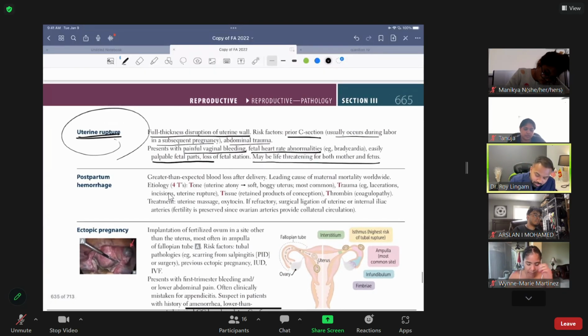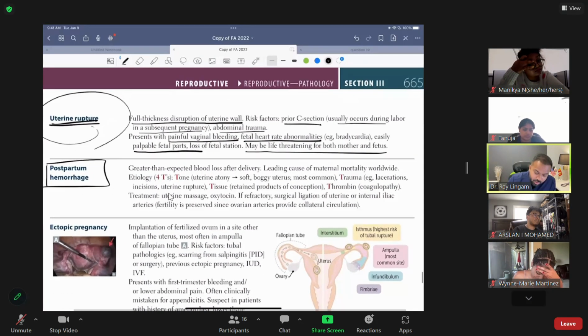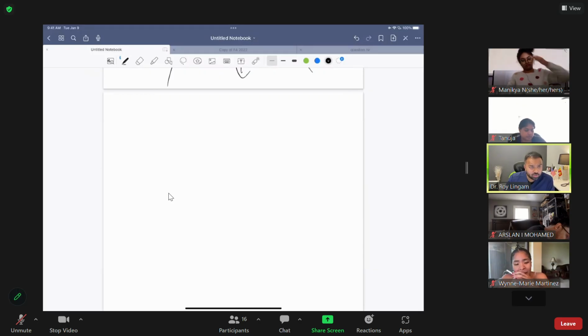All right. Now, next, postpartum hemorrhage. Postpartum hemorrhage is bleeding after delivery. Let's talk about that a little bit. Once the baby comes out, there's always some bleeding, folks.